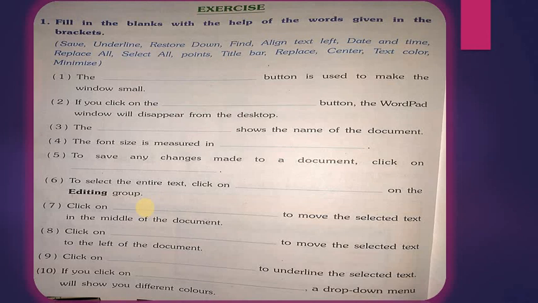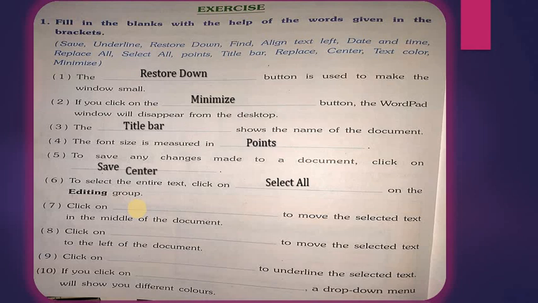Now filling the blanks: the button used to make a window smaller is restore down. If you click on the dash button, the window disappears, minimize. The title bar shows the name of the document. Font size is measured in points. To save any change, we use the save tab. To select the entire text for editing, we can use select all.